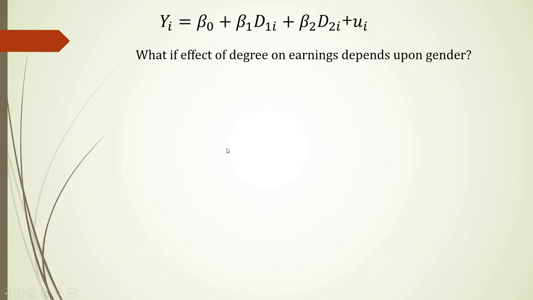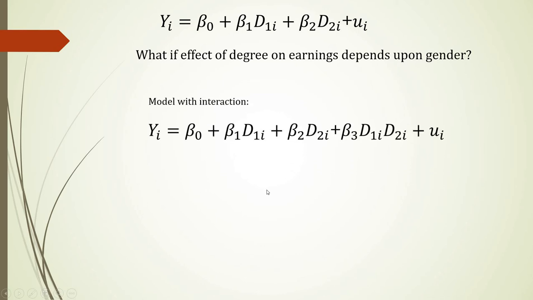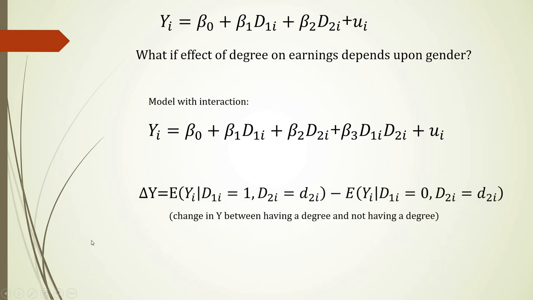So we want to see whether the effect of degree on earnings depends upon gender. This means that we will develop the model with the interaction D1 times D2, and now we have beta 3, a new coefficient in our equation. It means the change in y on the value of D1 depends upon the value of D2.